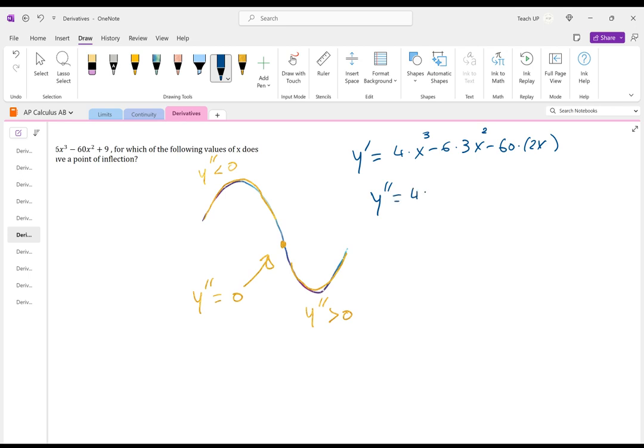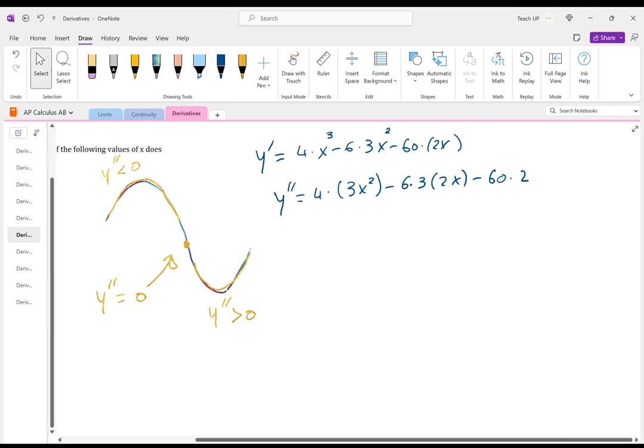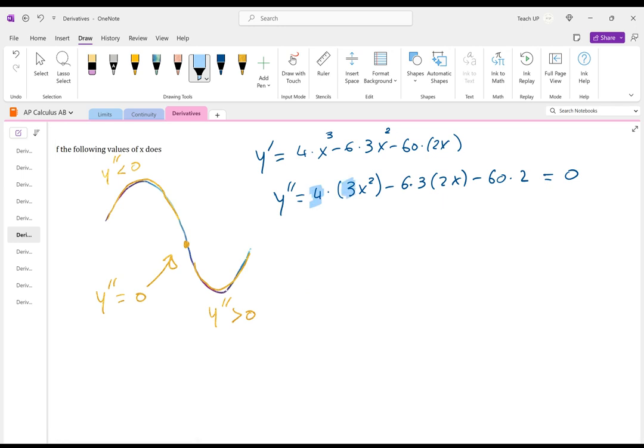So now doing the second derivative, we're going to have 4 times 3x to the second power minus 6 times 3 times 2x minus 60 times 2. Now we want to set this equal to 0 and solve. Like I mentioned earlier, it's easier for me to just see that I have here 4 times 3, which is 12.